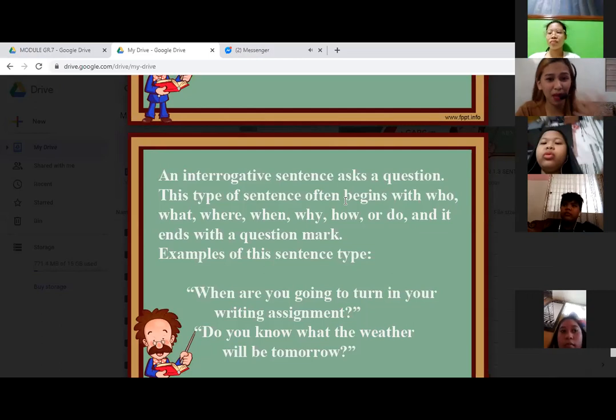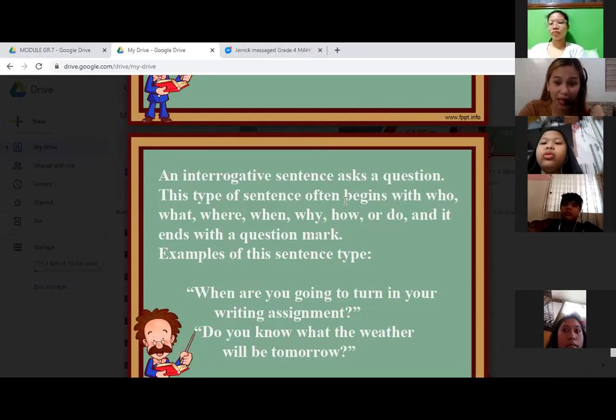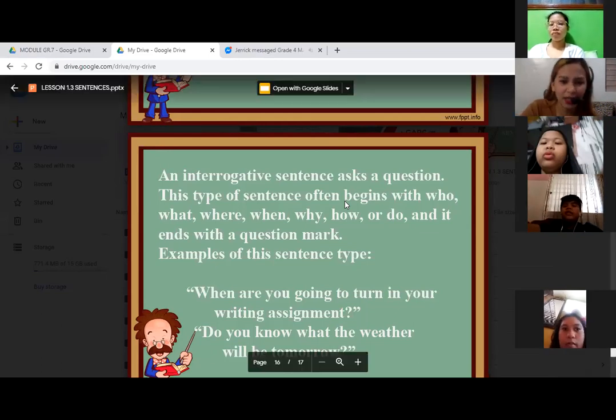Walang nagbibigay ng opinion na patanong. Kasi if you're asking a question, you are not sure. Do you understand? Or if you're asking a question, you want to know something or you want to get information. Kaya ka nagtatanong. Okay?